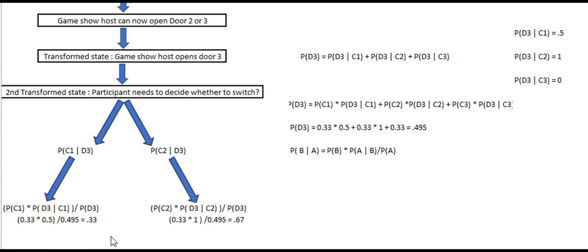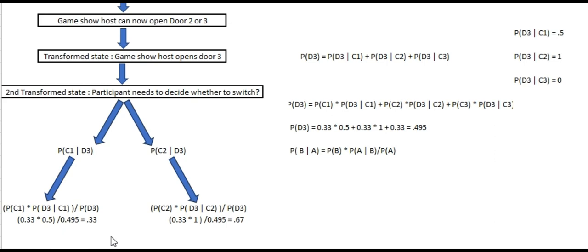Now finally, the question is, why is there a gain in probability for switching, while if you stick to your original options there is no gain? Now the reason there is a gain in probability for switching is primarily because it is a state space model and its internal states change over time.